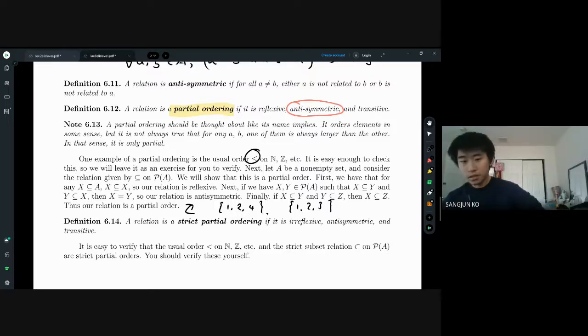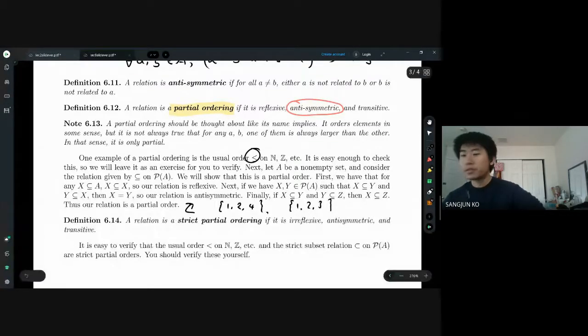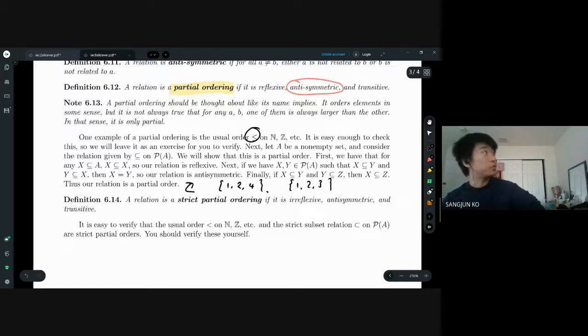So what's an example of something that is not a partial ordering? It turns out I probably should have given one, but I didn't. What would be a good example?